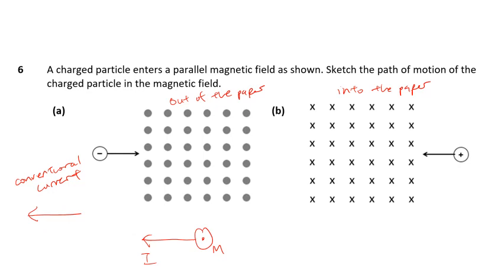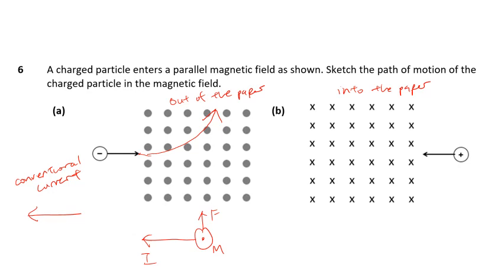So if your index finger is pointing towards you, and your middle finger is pointing towards the left, you would see that the induced force must be upwards, and hence this particle will follow a parabolic path upwards as shown in the diagram here.